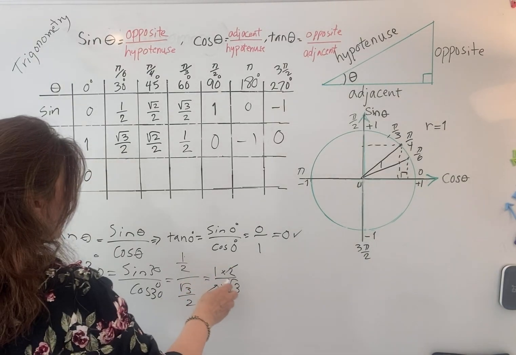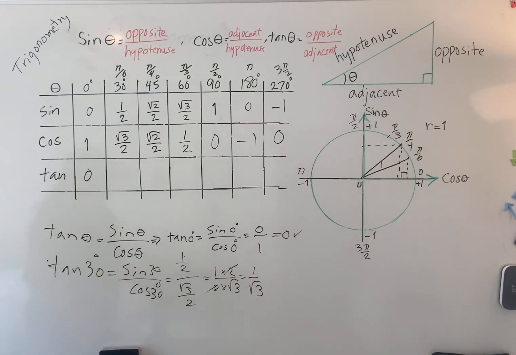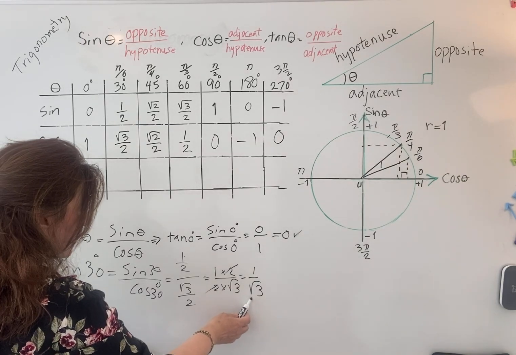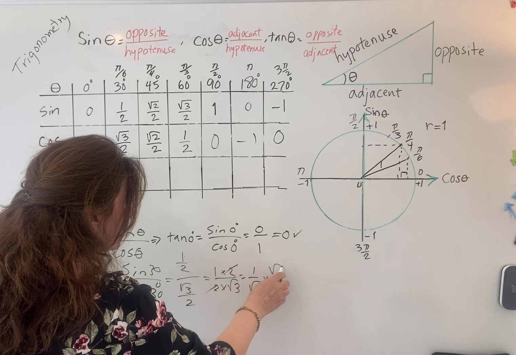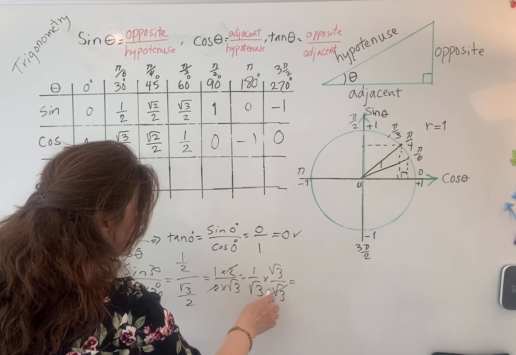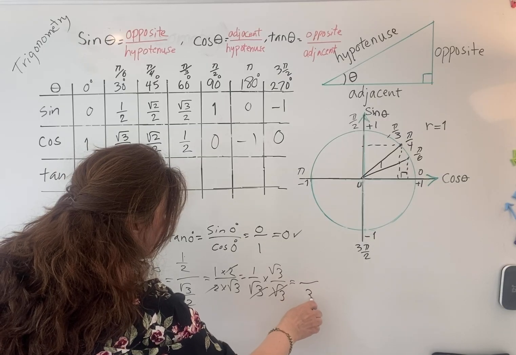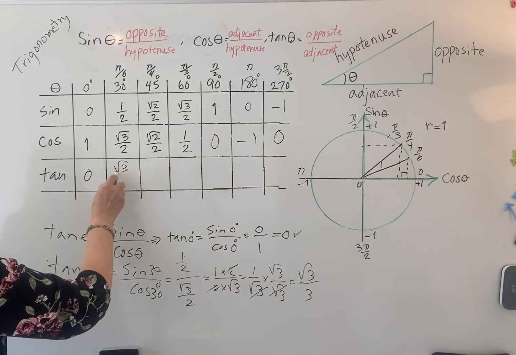It gets 1 over radical 3. But 1 over radical 3 we need to rationalize, because we don't keep a radical in the denominator. Multiplying by radical 3 over radical 3, the denominator simplifies to 3. This one is radical 3 over 3.